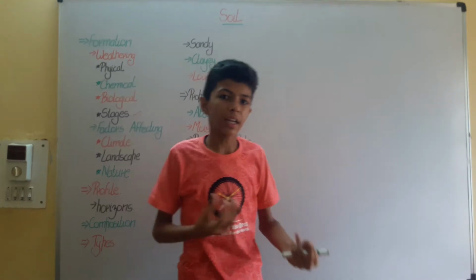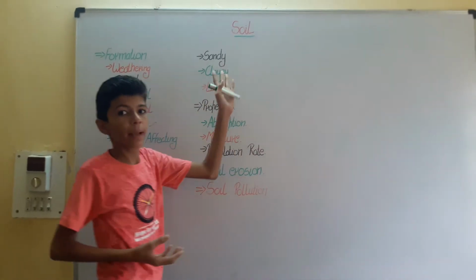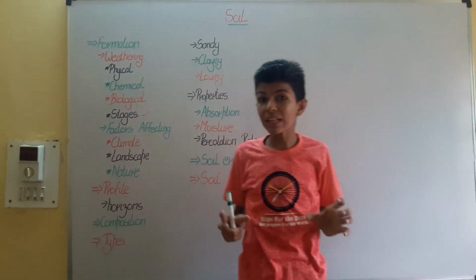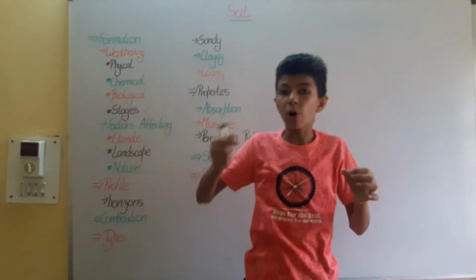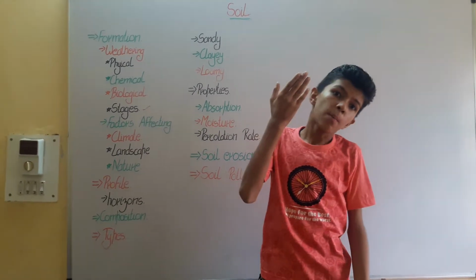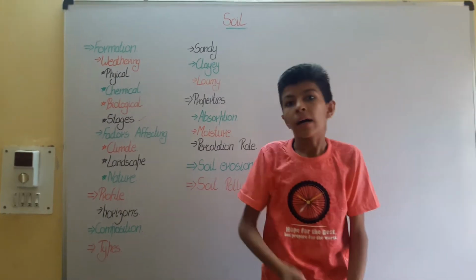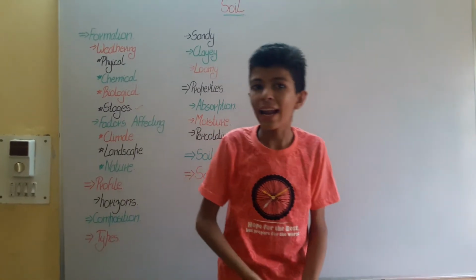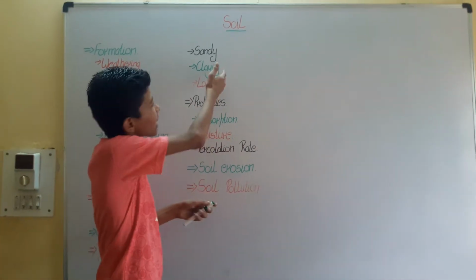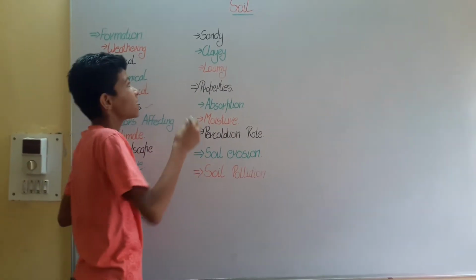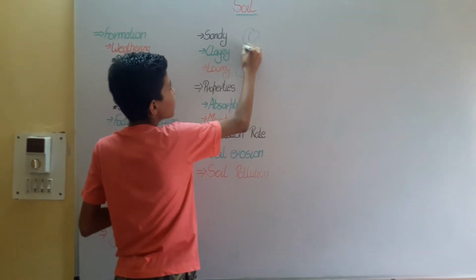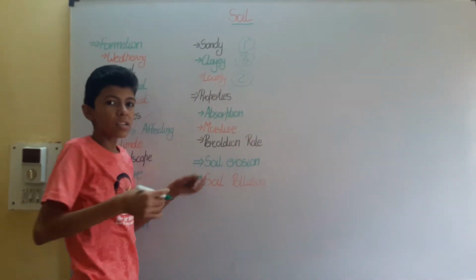If we take three containers containing sandy, clay and loamy soil, and pour an equal amount of water in each, the sandy soil would pass most of its water, then the loamy soil, and then the clay soil. They are all in this series.